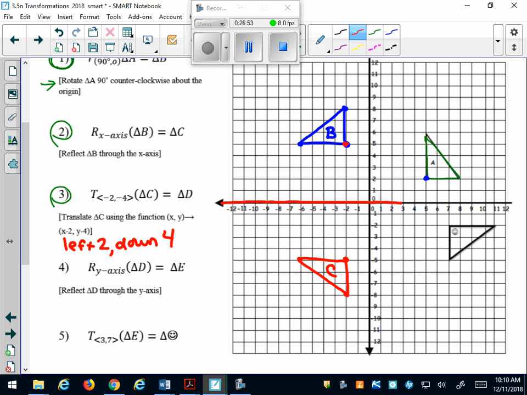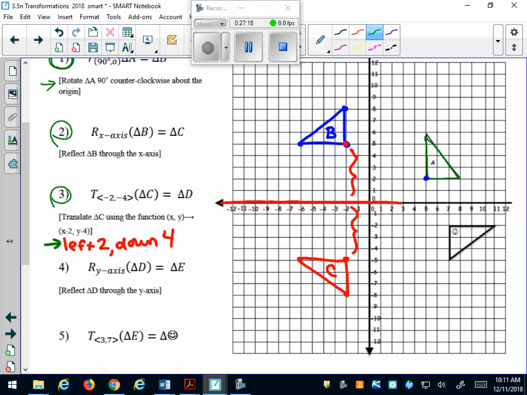Reflecting, remember this point has to be the same distance on the other side of the x-axis because we're reflecting over the x-axis. Every point has to be the same distance. Then we're going from triangle C to triangle D by translating using the rule x minus 2, y minus 4. That's going to go to the left 2.